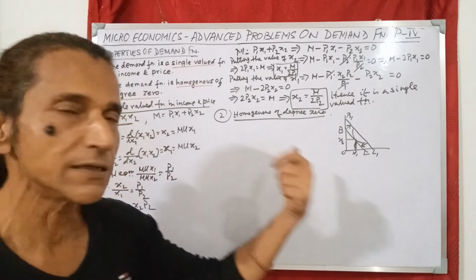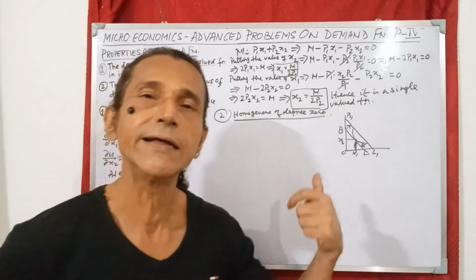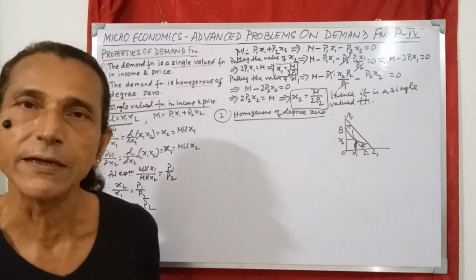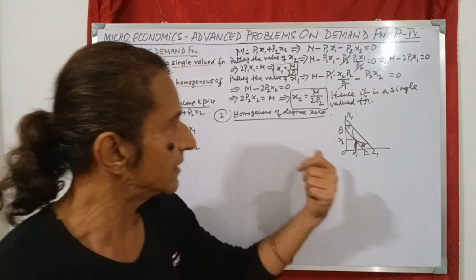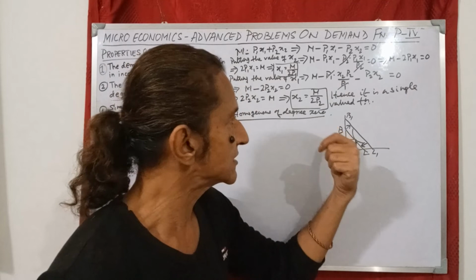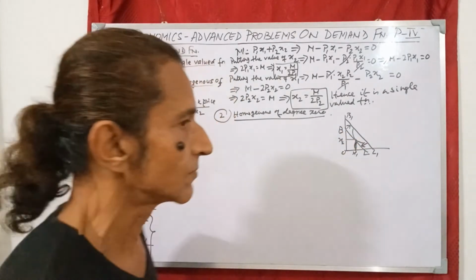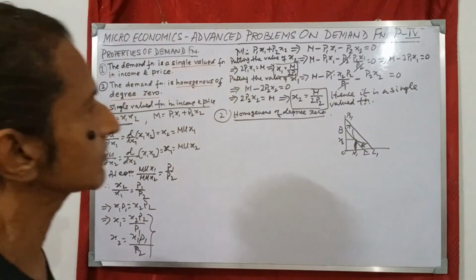So increase in income and increase in prices by same proportion will leave the consumer at the same point of equilibrium.